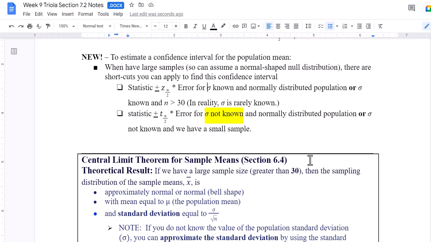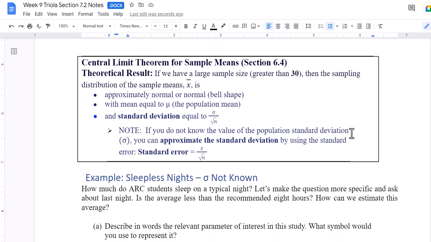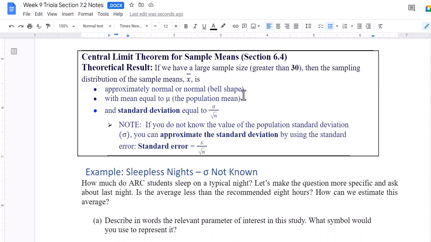Just to remind ourselves, the central limit theorem for sample means says that if your samples are greater than 30, or your sample comes from a population that is already approximately normal, then the standard deviation is equal to the population standard deviation divided by the square root of n.